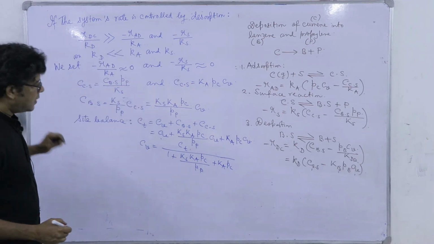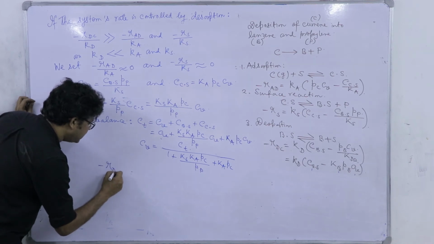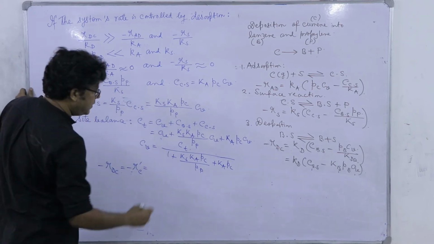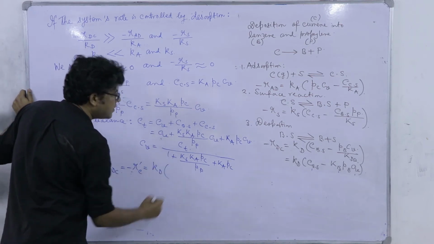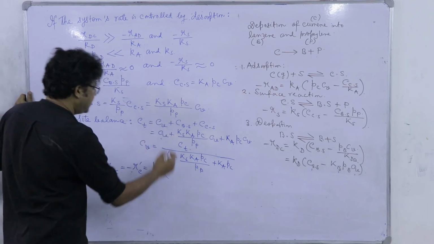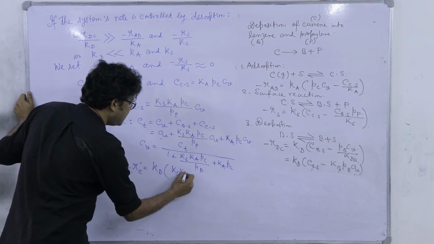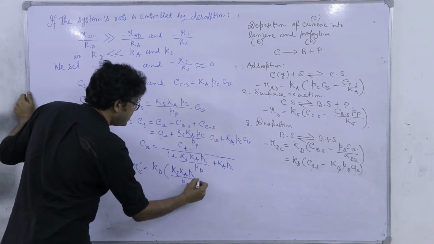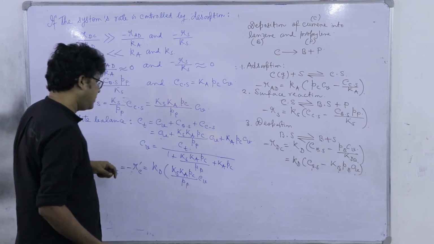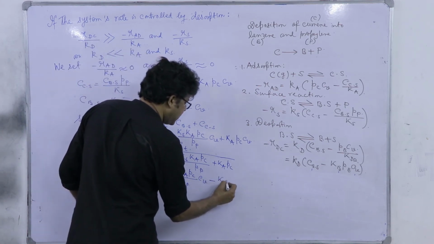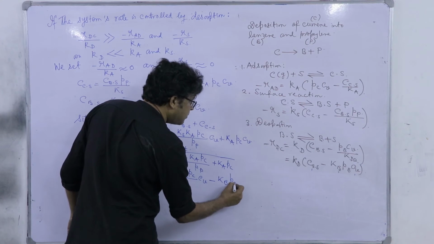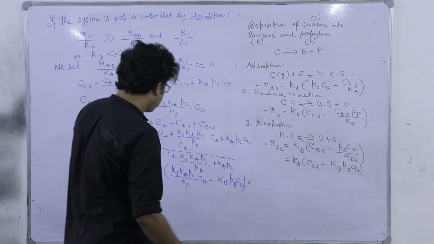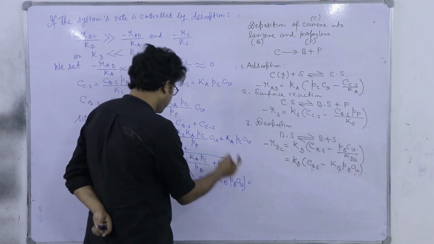So, my rate of desorption, minus R_DC, which is minus of R_C prime, is equal to Kd within bracket Cb·S. Cb·S is Ks Ka Pc by Pp into Cv, then minus Kb Pp Pb into Cv. So, this Cv we can take common and substitute back the expression we have got.